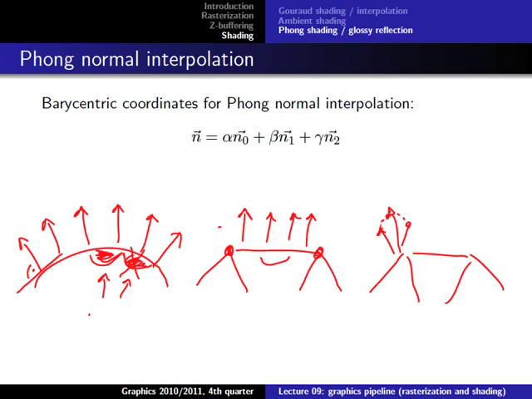So we have vectors that point in that direction, and then we can do an interpolation between those vectors. So we get vectors that look pretty much the same as the vectors on the sphere, only in this case they are on the triangle. And then we can use those vectors to do the Phong calculation, and in that case we are able to model this bright spot here.